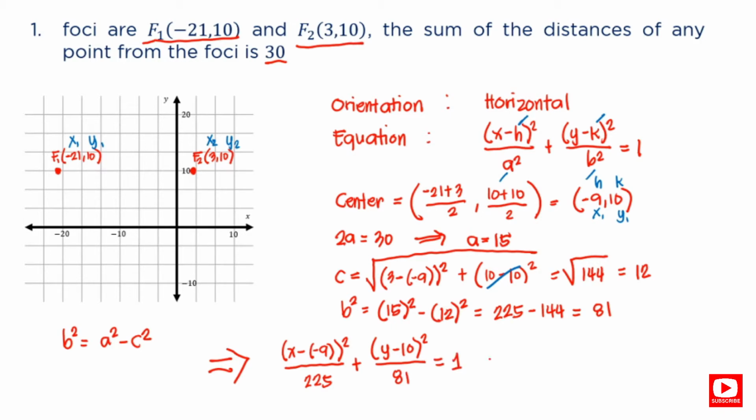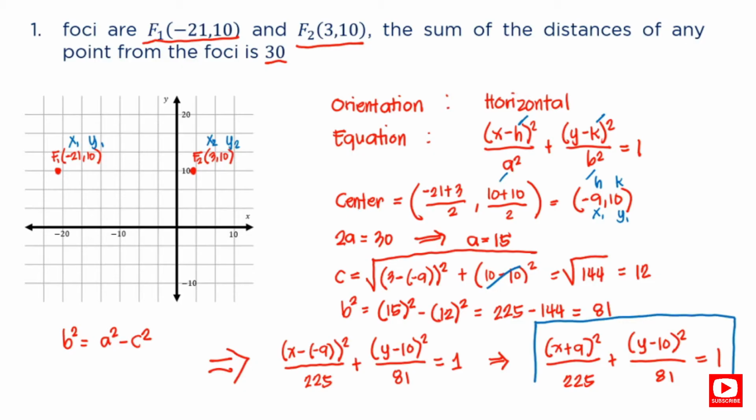Or simply, this is just x plus 9, quantity raised to 2 all over 225, plus y minus 10, quantity raised to 2 all over 81, equal to 1. And this is our final answer.